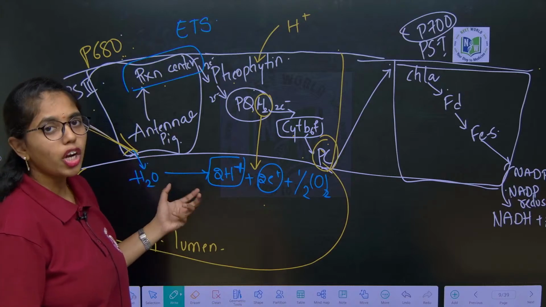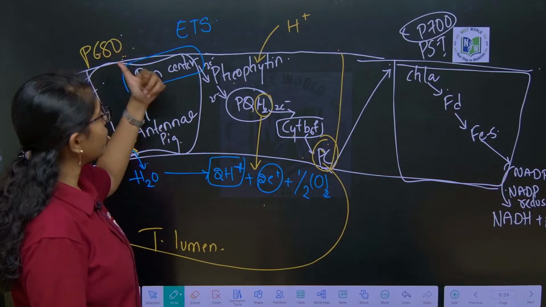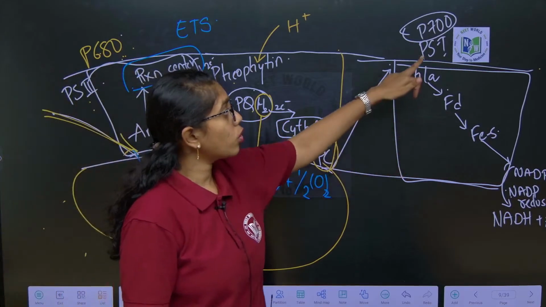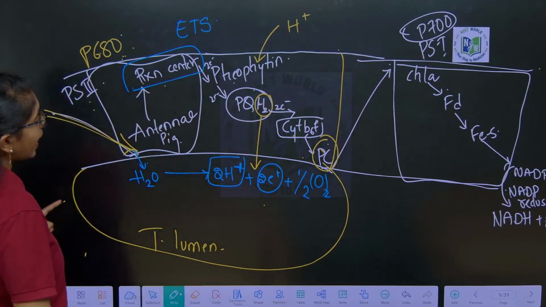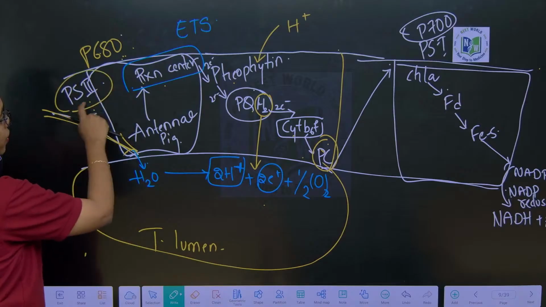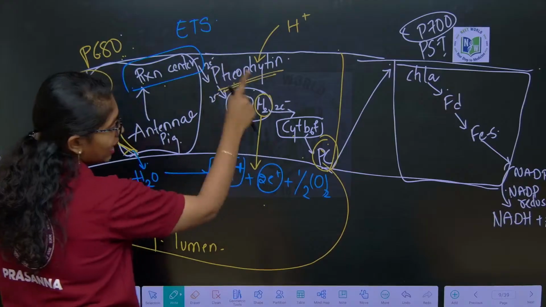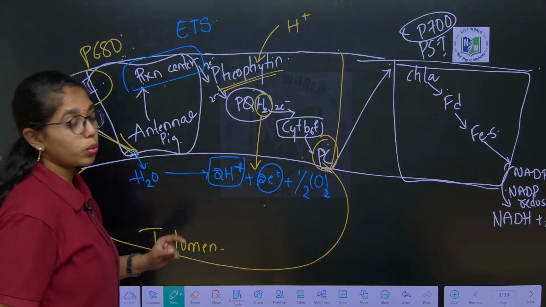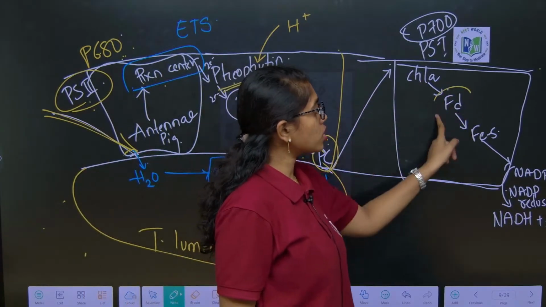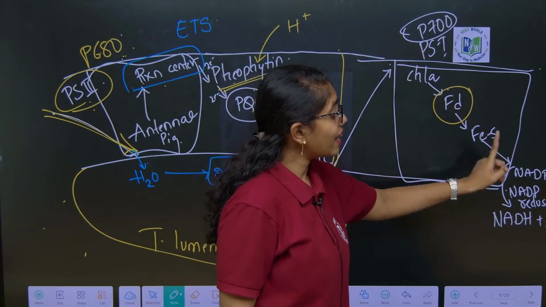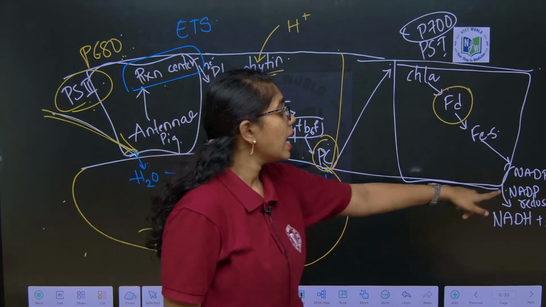From here, the main objective points you have to remember: photosystem 2 maximum wavelength of light is P680, photosystem 1 maximum wavelength is P700. Second objective point, from photosystem 2 the primary electron acceptor is pheophytin, the last electron acceptor of photosystem 2 is plastocyanin, the primary electron acceptor for photosystem 1 is ferredoxin, and the ultimate electron acceptor of this Z scheme is NADP+.